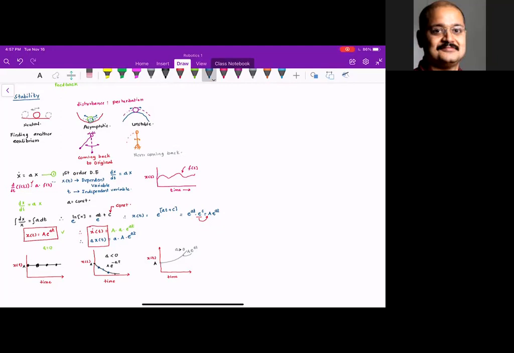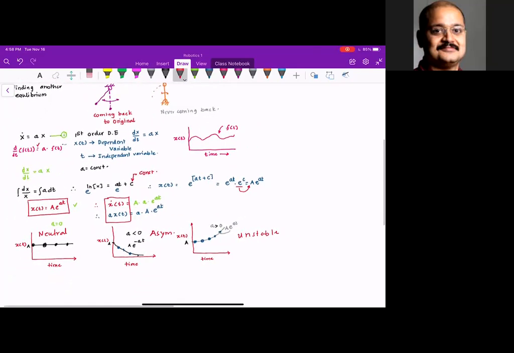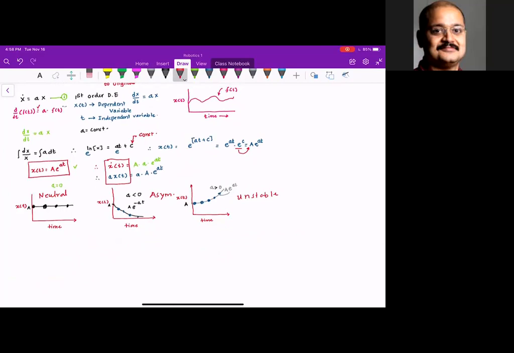System goes back to 0. When the system is unstable, you perturb the system and system response grows. So this is neutral stability, this is asymptotic stability, and this is unstable system. So these three are super important concepts.